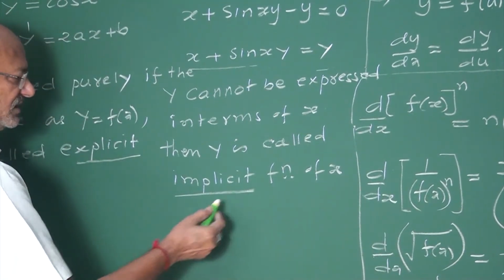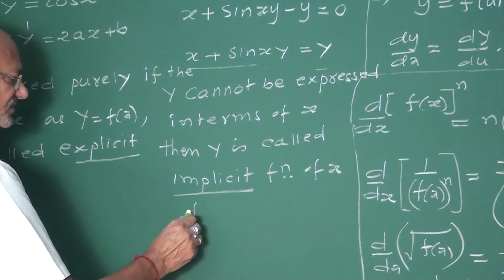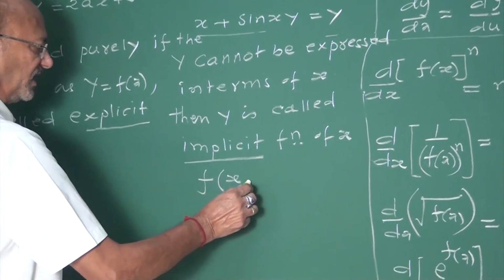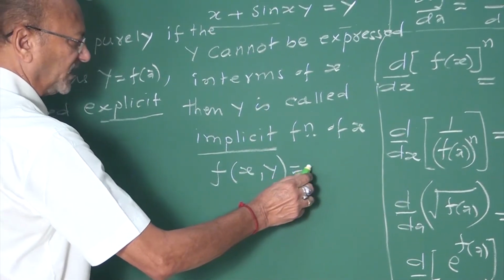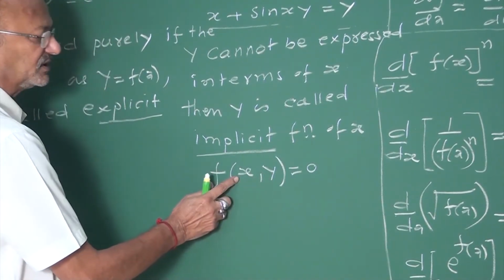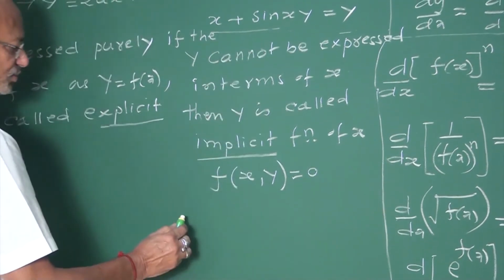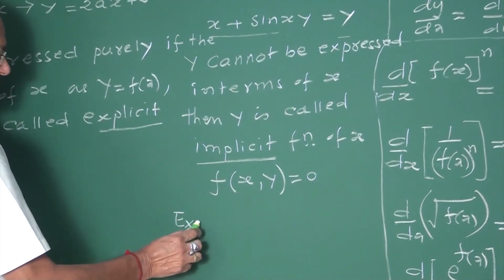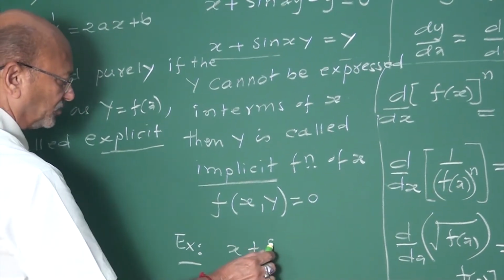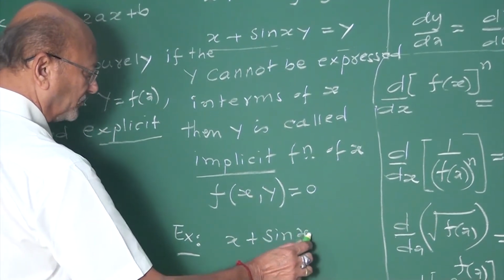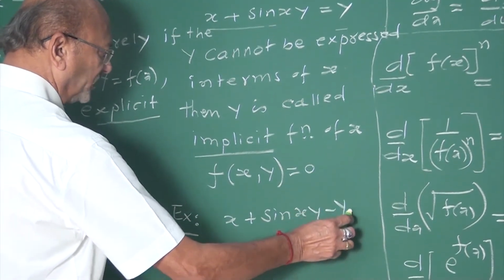Yes, my friends. In this case, the variables x and y are connected by xy, so that y can't be expressed in terms of x. For example, this is one: x plus sine xy minus y equal to 0.